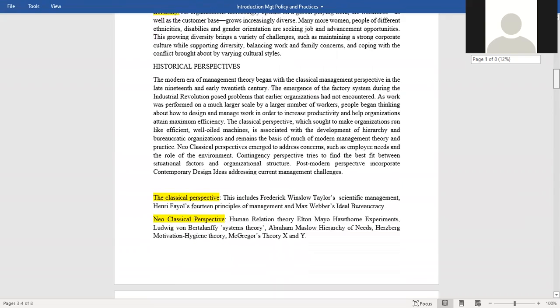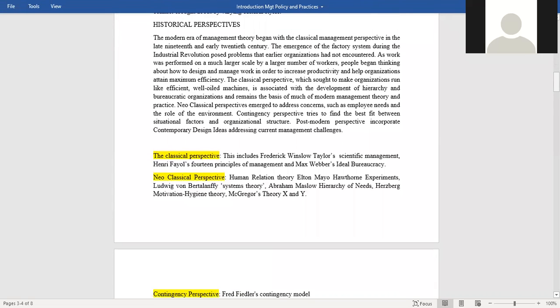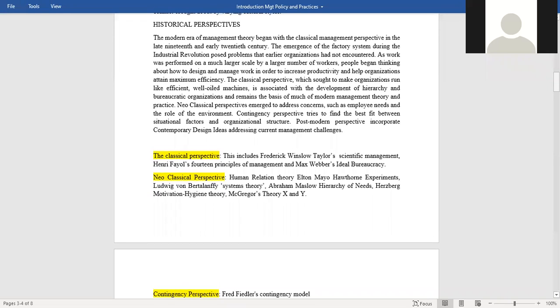When we look at the historical perspectives, historically, what kind of management systems and organizational forms were existing, looking at it from the managerial point of view and management theory.